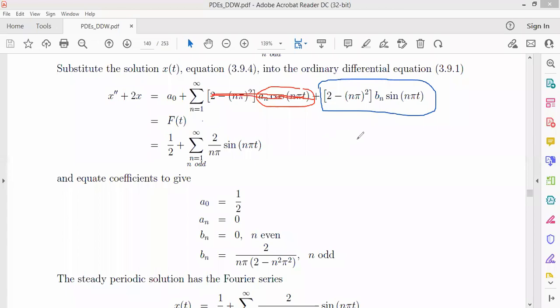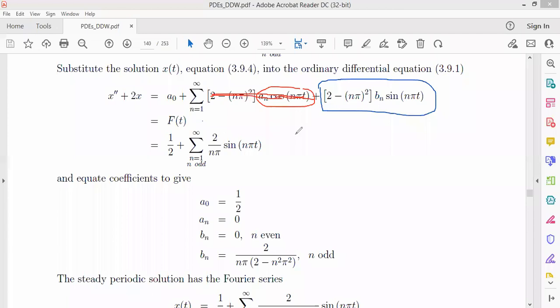So when you remain with this term in blue, the question is then, how do we go about this? Now here we have to make our bn the subject of the formula. But remember, what we have this way is now going to be equated to this one here. So what we are doing here is we are equating this to that. I hope I'm clear here.